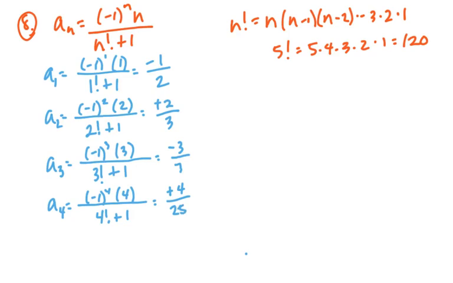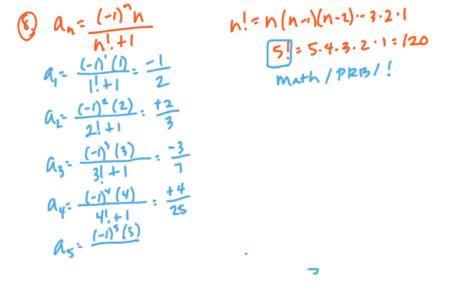By the way, there is a factorial button on your calculator. So if you hit math, it's under the second button. The math, go over to probability, and then there's a factorial button partway down. So a sub 5 would be negative 1 to the fifth times 5 over 5 factorial plus 1. Well, that works out that I did 5 factorial up there.